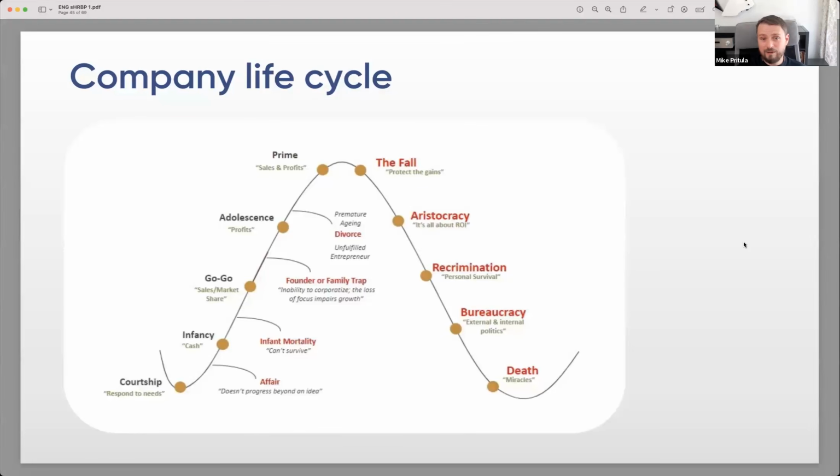Then we have the company life cycle. It's very important to understand at what stage of the company life cycle your company is, because at different stages companies have different problems, different needs, and different situations actually.